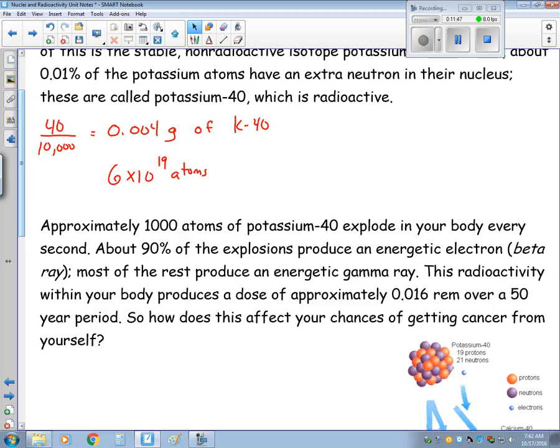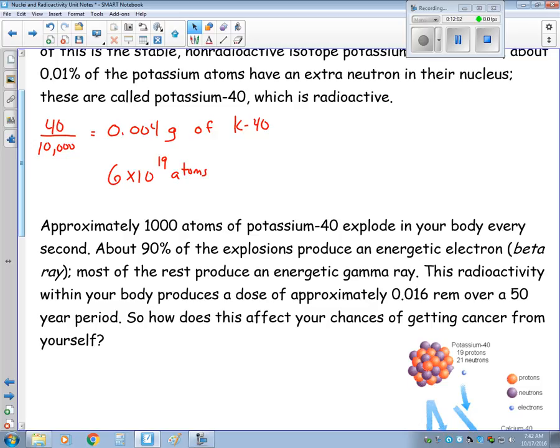Approximately 1,000 atoms of potassium-40 explode in your body every second. About 90% of these explosions produce an energetic electron, a beta ray. Most of the rest produce an energetic gamma ray.